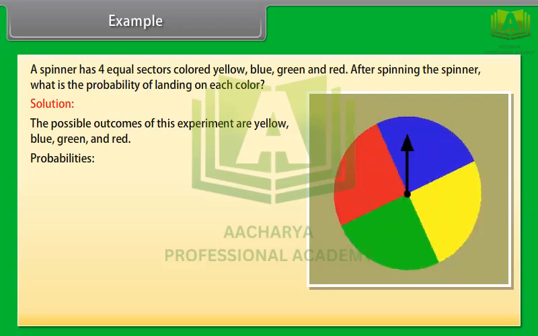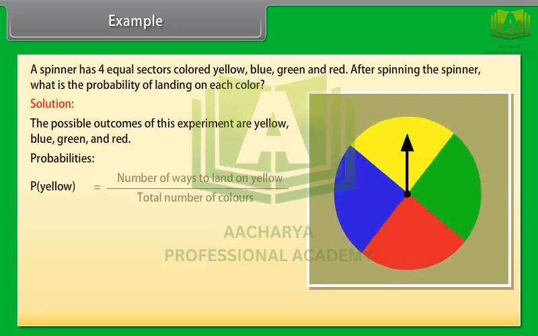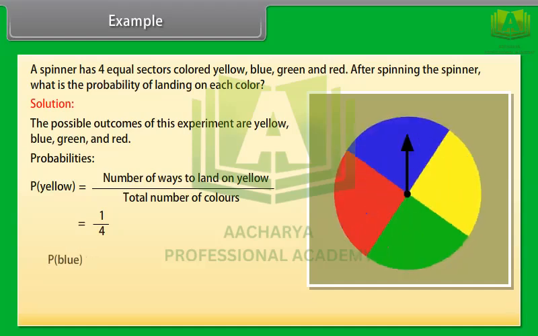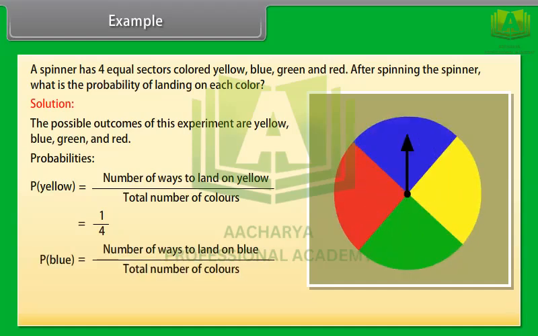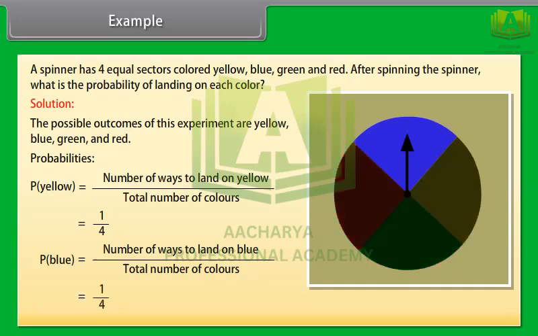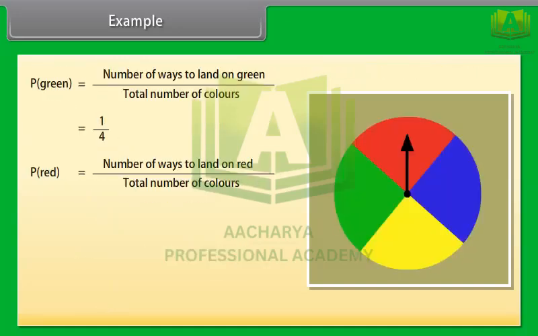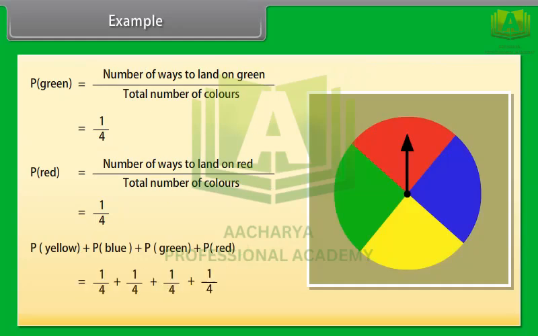Probability of landing yellow is number of ways to land on yellow by total number of colors, that is, equal to 1 by 4. Probability of landing blue is number of ways to land on blue by total number of colors, that is equal to 1 by 4. Similarly, we will find the probability for green and red. And if we add all these probabilities, we will get 1.